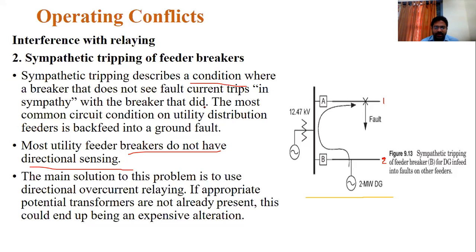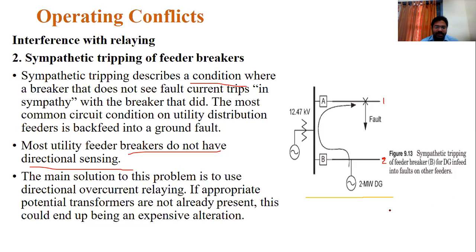So different categories of tripping and all. Maybe time is running out, so you can see in the next class the sympathetic tripping of circuit breakers: how the circuit breakers will trip, and why the circuit breakers will not trip because of some additional DGs.